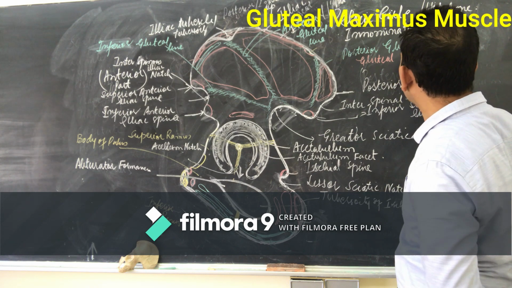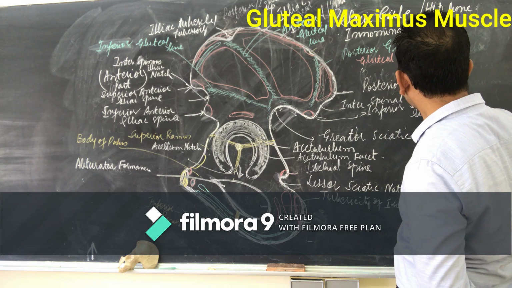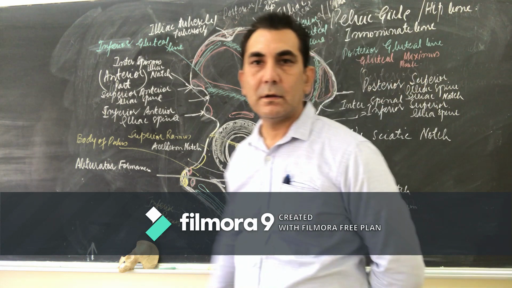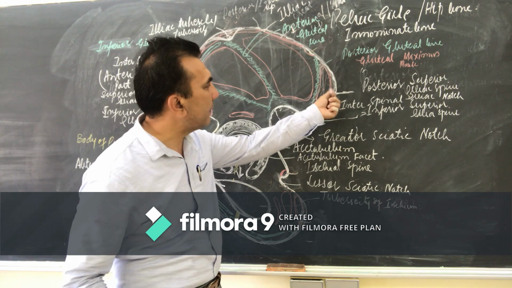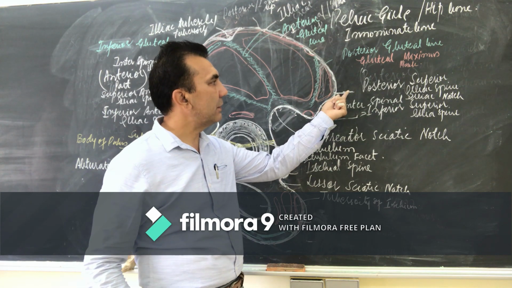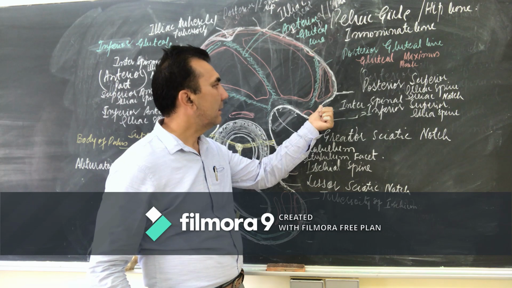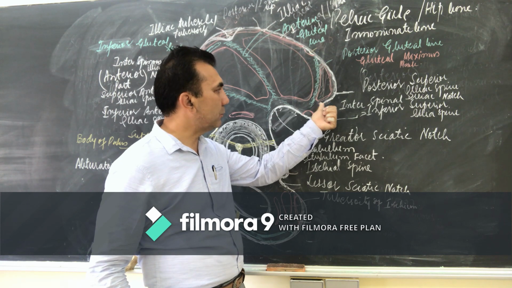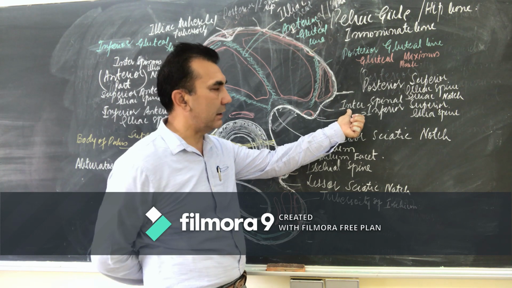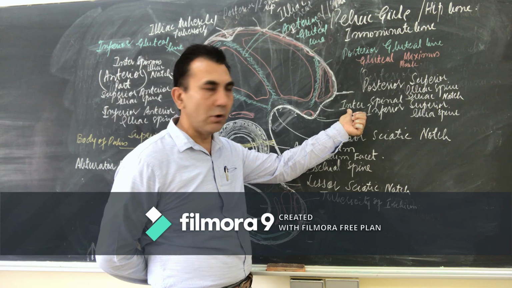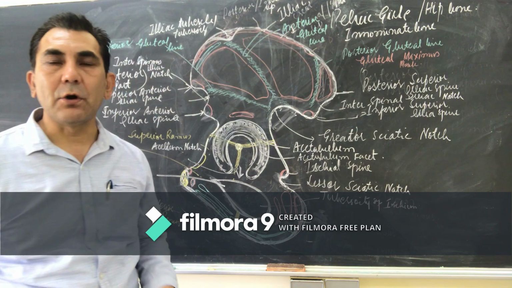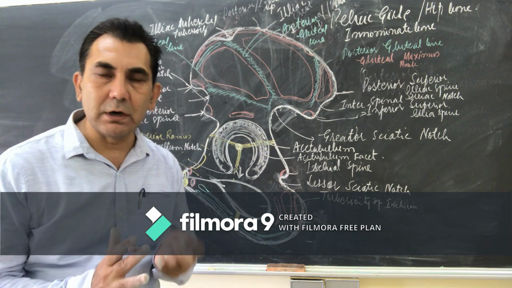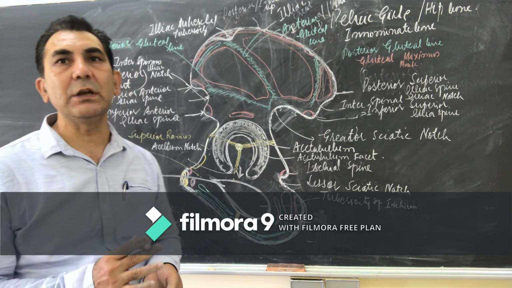The gluteus maximus muscle is attached over here, from the posterior gluteal line towards the posterior superior iliac spine and down to the posterior inferior iliac spine.